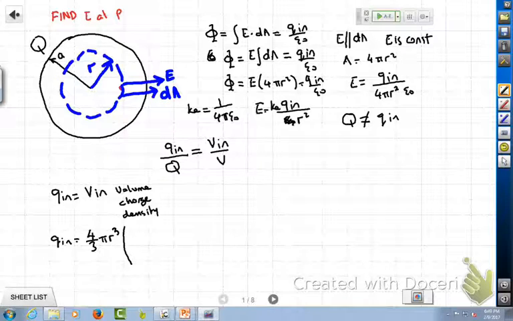And what about the volume charge density? Well, the charge is Q over, and what's the volume of the charge? 4/3 pi. What's the radius for the charge? a cubed.